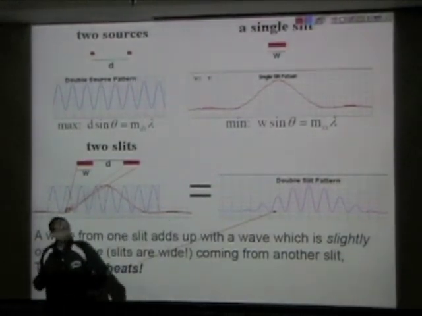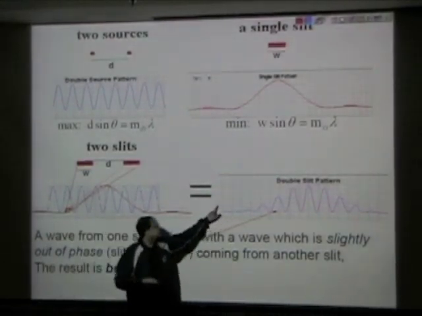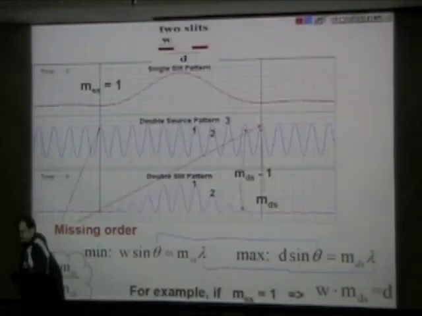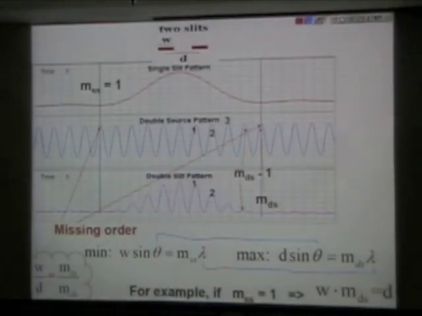It disappears, and then some light comes back again. It could be n equals 2 or 3, but normally for a single slit, we don't see a very wide picture. So this minimum kills this maximum. That's why the double slit pattern doesn't have the maximum where the double source pattern would have it.